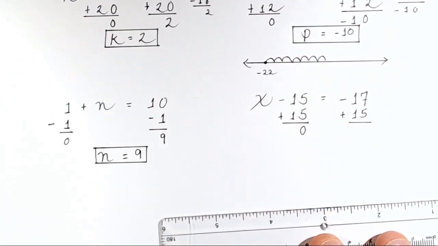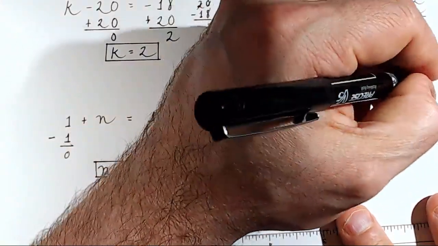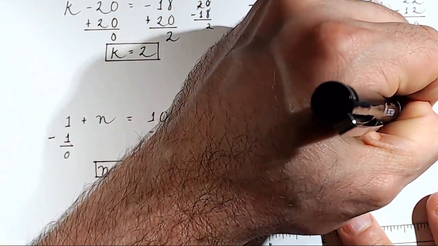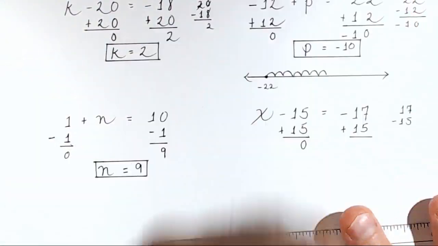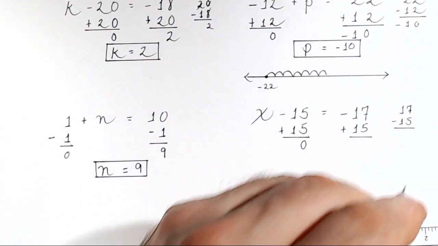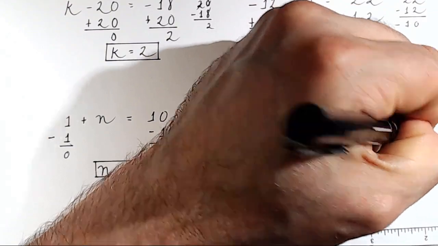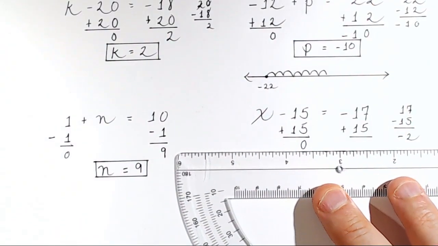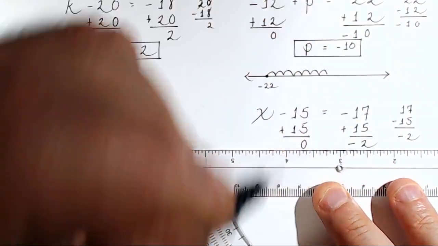Negative 17 plus 15, again, it's just like this problem. We've got a bigger negative value, so what we're basically going to do is take 17 minus 15, and whatever we get as the answer, we'll put a negative sign in front of it. So 7 minus 5 is 2. 1 minus 1 is 0, so it's negative 2.